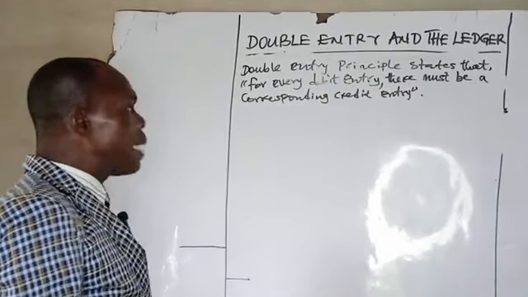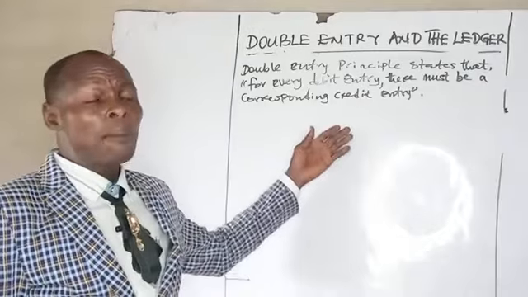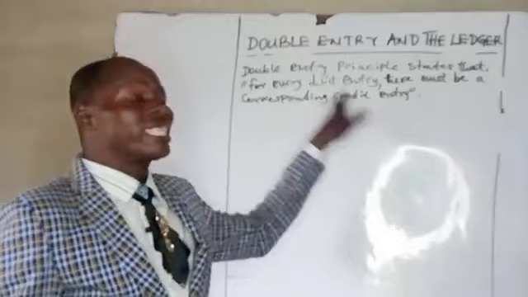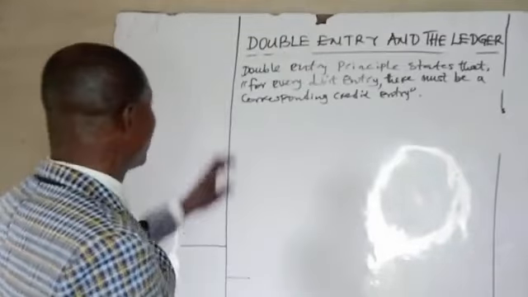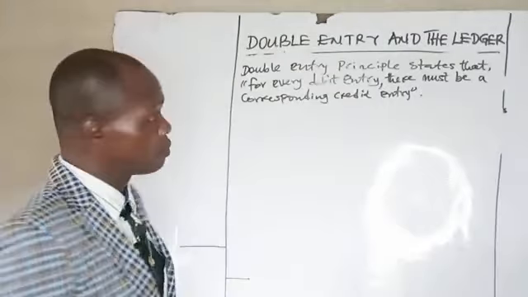For every debit entry, there must be a corresponding credit entry and vice versa. That is the principle of double entry.